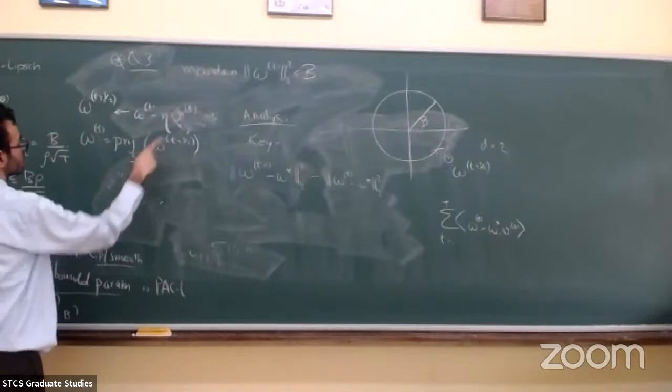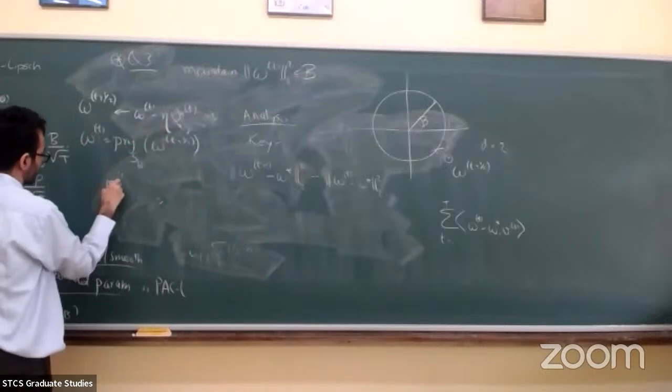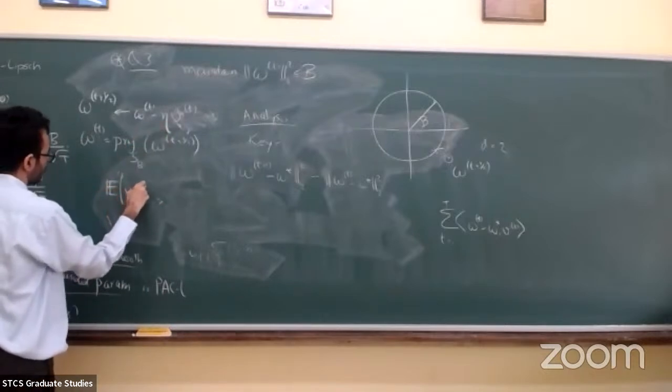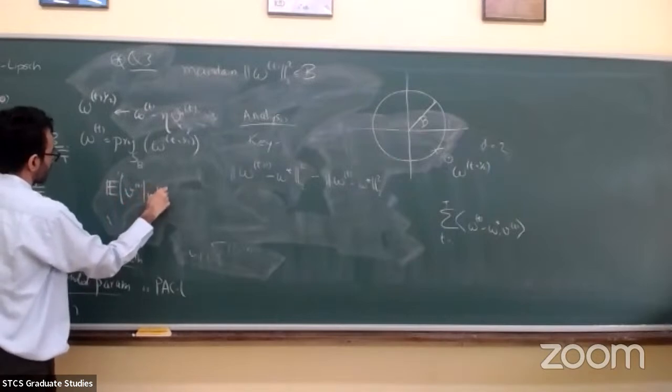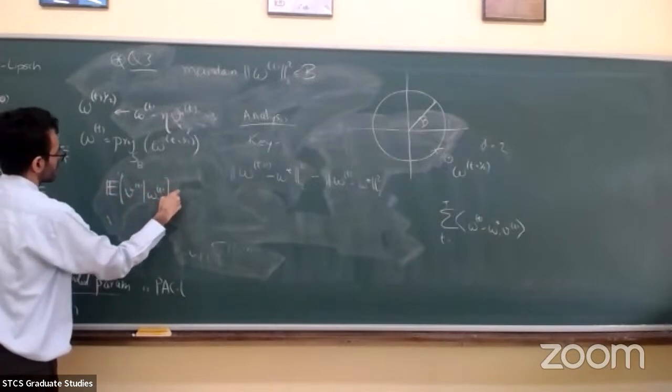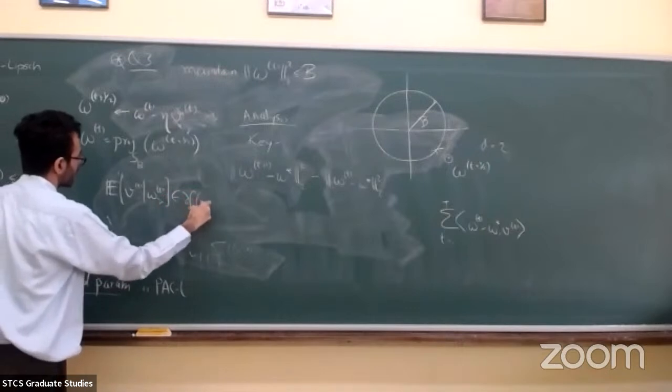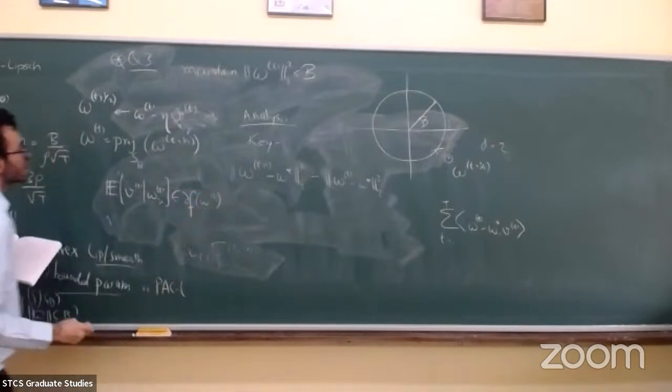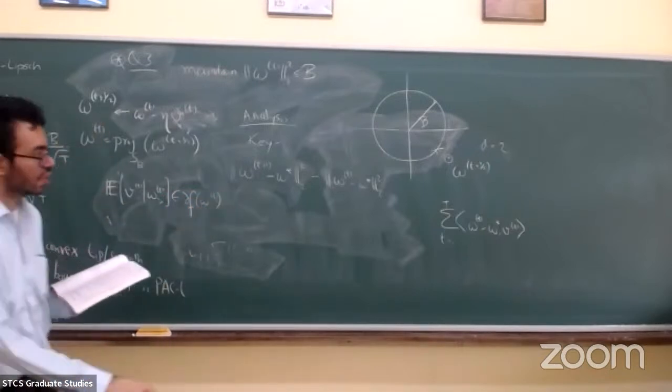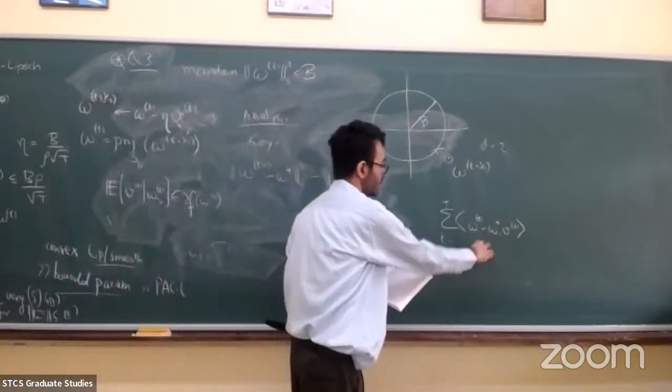The right thing was to look at the inner product of Vt with WT minus W star.